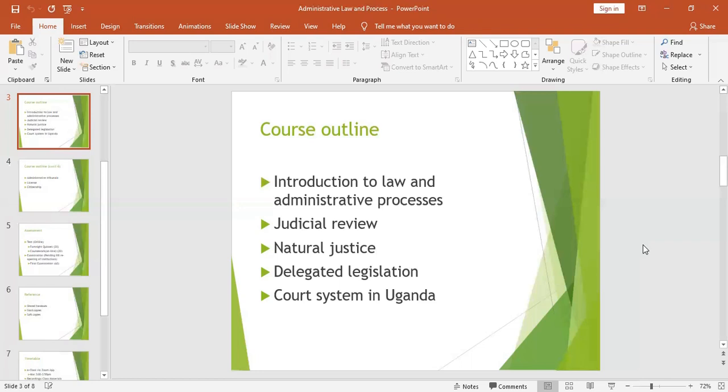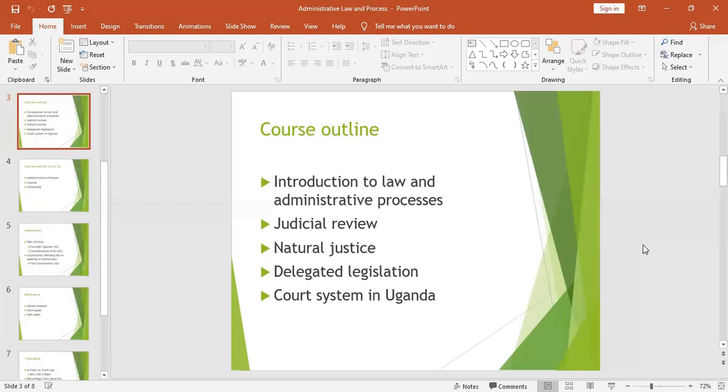And the property of the individual is also emphasized by the Registration of Titles Act and the Land Act of 1998. An Act with capital A, that is a law passed by Parliament. So these are some of the examples of the Acts that help in the protection of people's property rights. So law helps protect property rights.